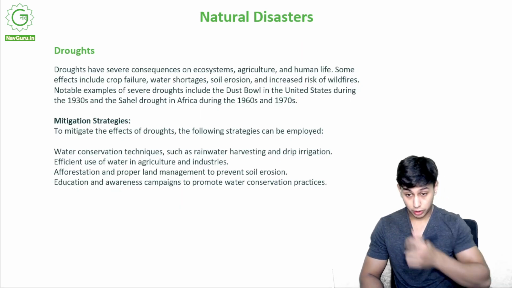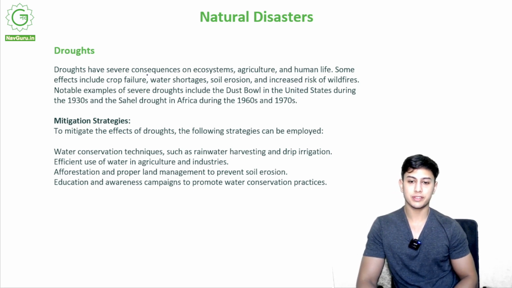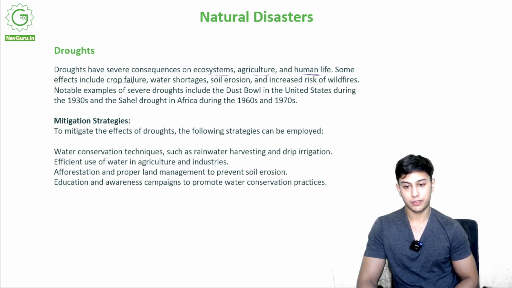Now, droughts have very severe consequences on ecosystems, agriculture and human life. Some effects include crop failure, water shortages, soil erosion, and increased risk of wildfires.